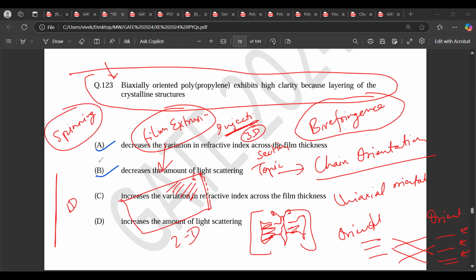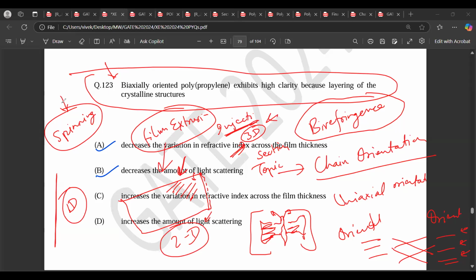Yes, and injection molding is 3D, triaxial. Because I told you 1D, 2D, 3D, it becomes easy, right? I shouldn't have given you the options of 1D, 2D, 3D without giving you the understanding. I would have given you the product from fiber spinning and the product from film extrusion directly. But film extrusion is biaxial. Spinning, you can easily figure it out.